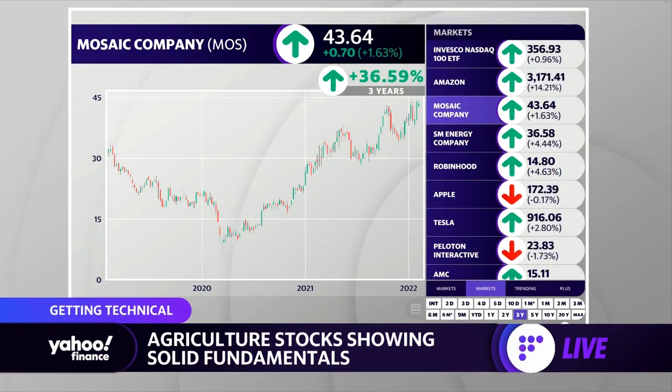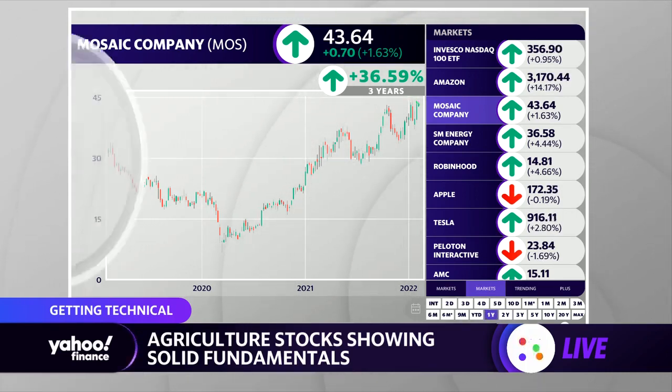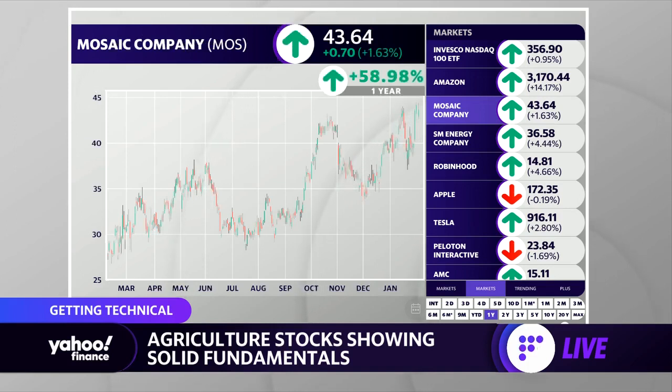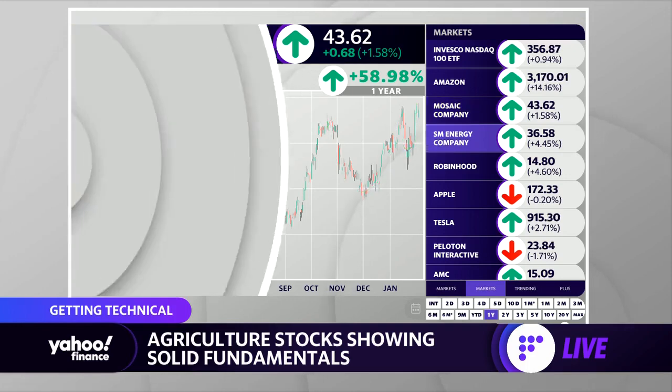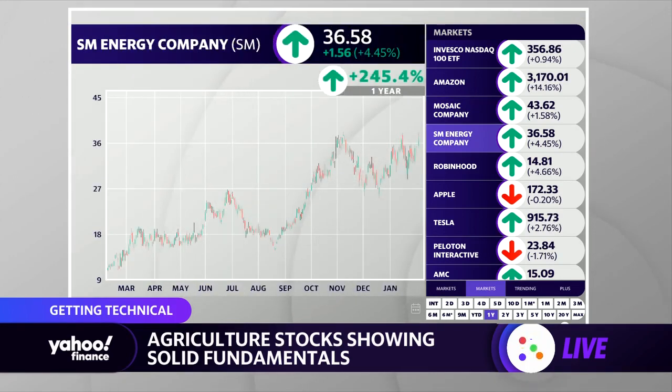Here's a stock that is right near 52-week highs. It's breaking out of a cup with handle, and it's starting to get above its resistance around that 43 and 44 level. So overall, this is showing good relative strength, and it's in a nice, steady uptrend. And we have the benefit of a commodities tailwind as well, which looks like it's persisting for some time now. Transitory it is not.